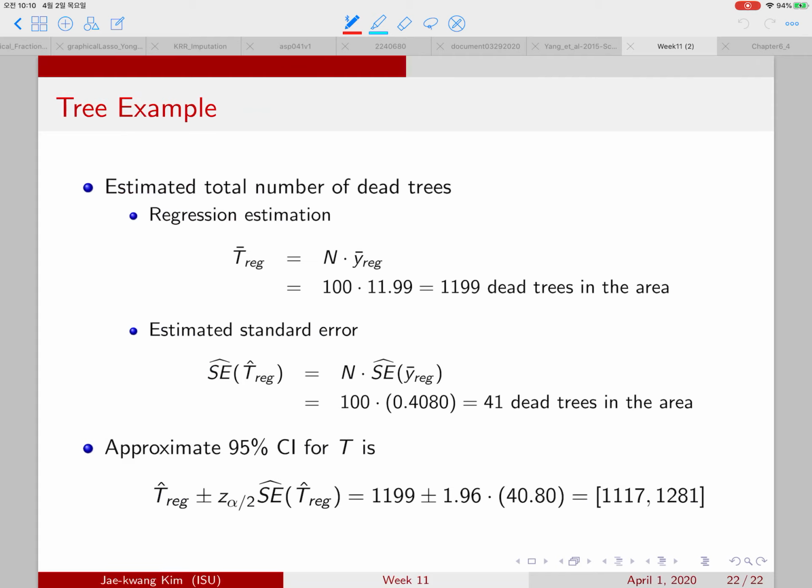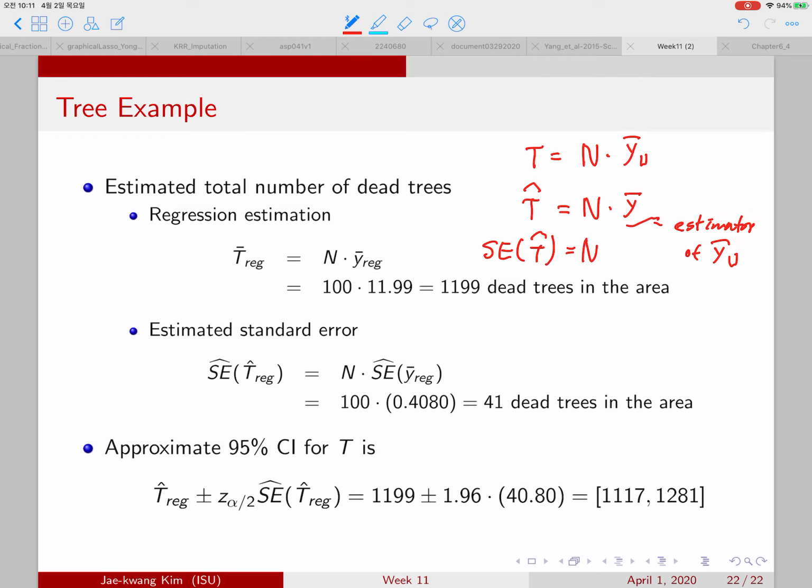And total estimation, so total is N times the y bar u. So total estimator is N times y bar. Okay, the y bar is the sample mean, an estimator of y bar u. And furthermore, standard error of t hat is N times standard error of y bar.